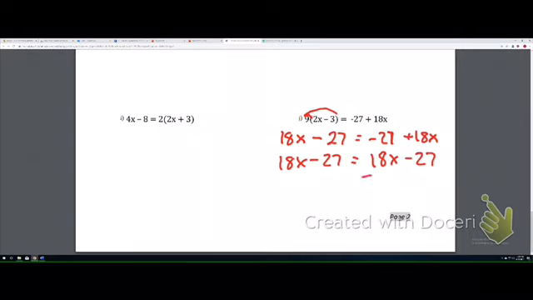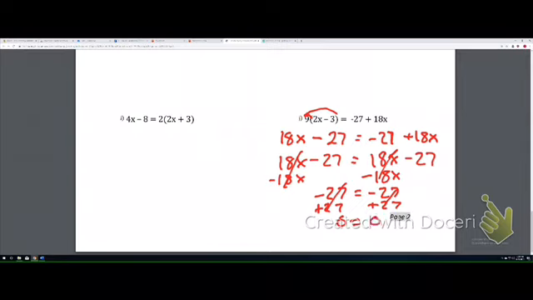We're going to subtract 18x from this side, subtract 18x from this side. Those both cancel. That leaves us with negative 27 equals negative 27. So if we did that, plus 27 on both sides, those would cancel. We'd end up with 0 equals 0.